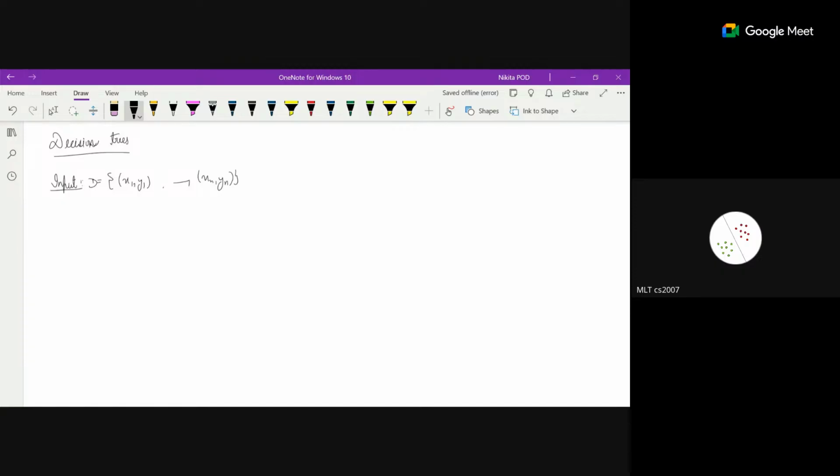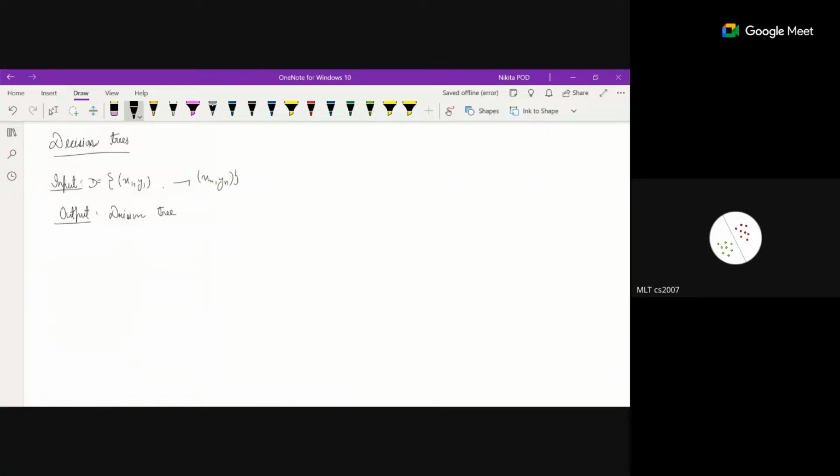Given this input, what I want is a decision tree. So my output here should be a decision tree. This is the output that we want.